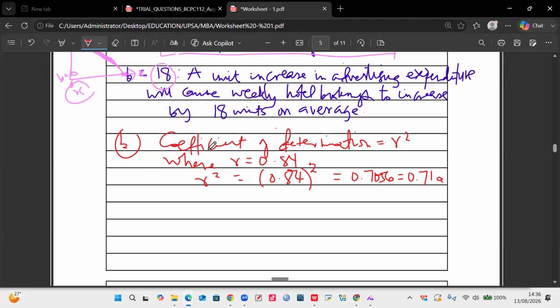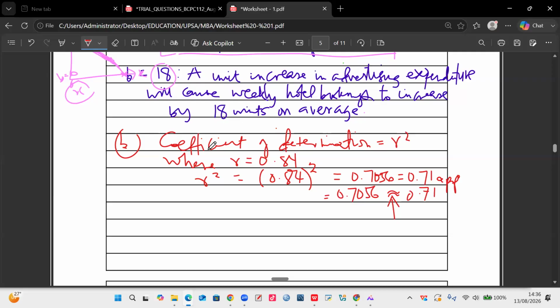Or you can say 0.7056, then you bring this sign, 0.71. This sign represents the approximation sign. You don't want to write the APP at the end. You can just write it this way. The second one is correct. Are you good? Yes.